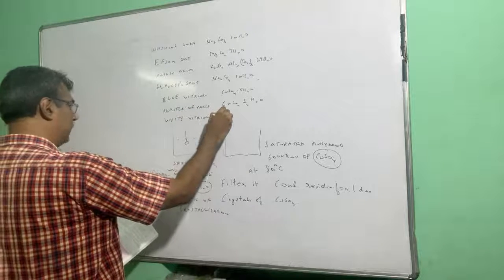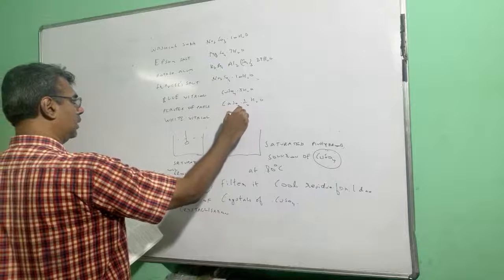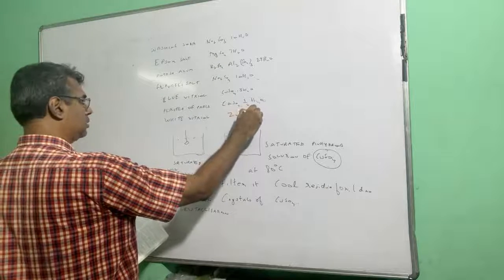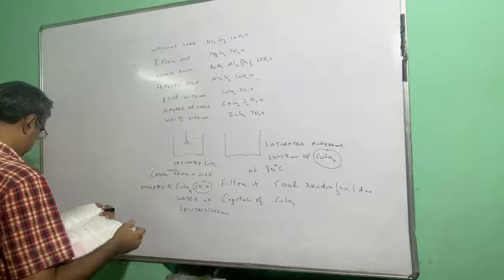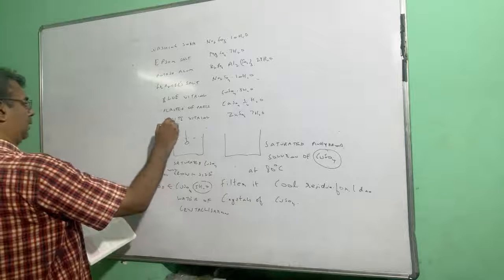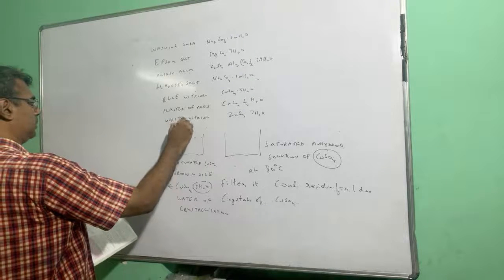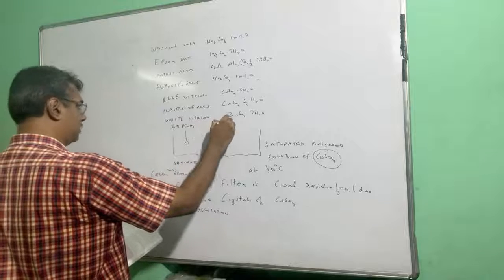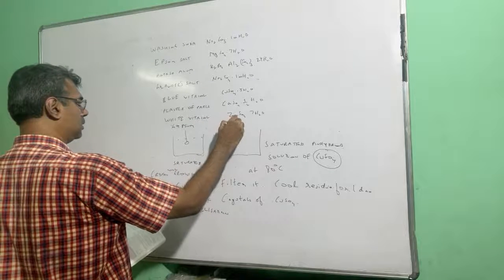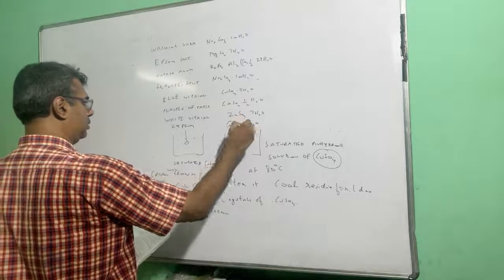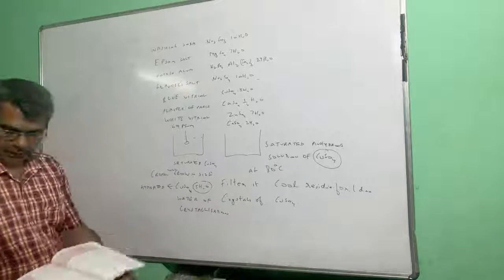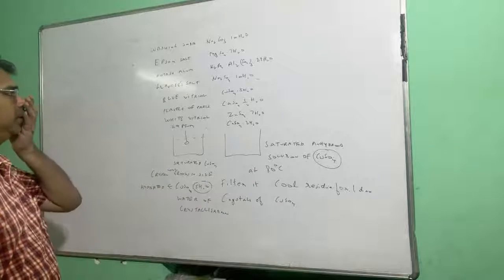Then you have white vitriol, ZnSO4.7H2O, and then you have gypsum. Gypsum is CaSO4.2H2O.